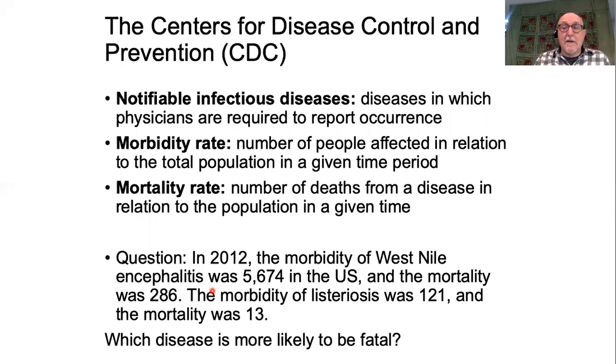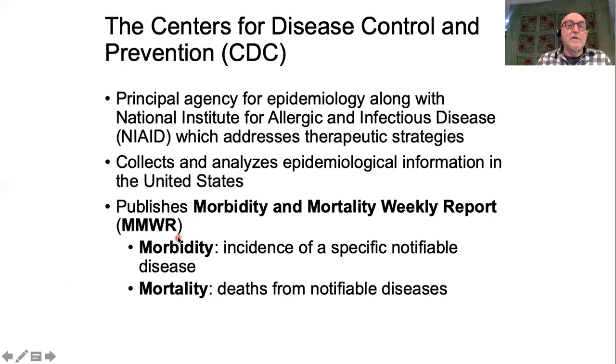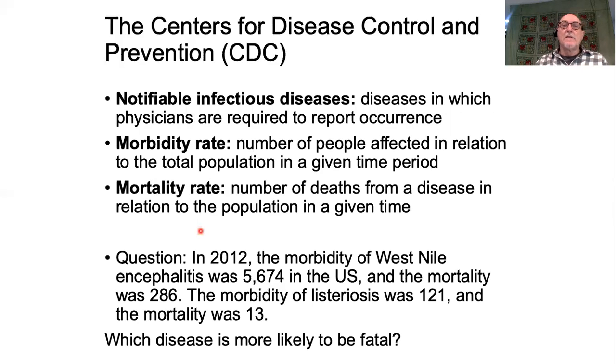So, by the way, you'll often see it referred to as the MMWR, and it's really like a mini Bible of epidemiology. It's normally very, very closely followed. So the government actually decides what diseases doctors will need to report to the CDC.